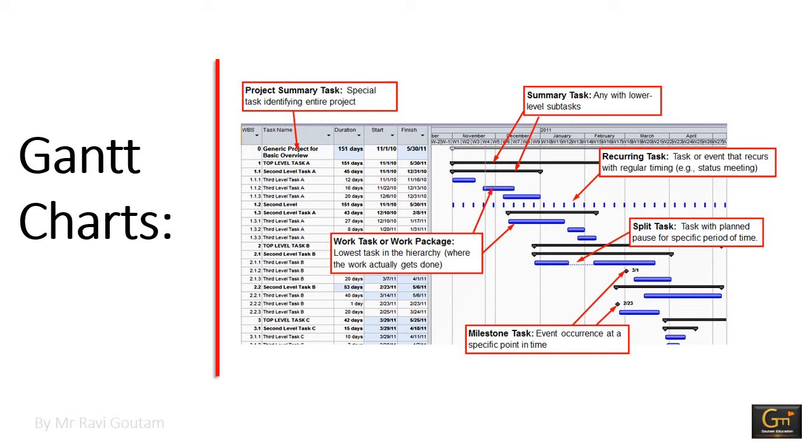So one method used to develop the list of tasks is to create what is known as a work breakdown structure. A work breakdown structure is a decomposition or breakdown of a project or major activity into successive levels, in which each level is a finer breakdown of the preceding one.